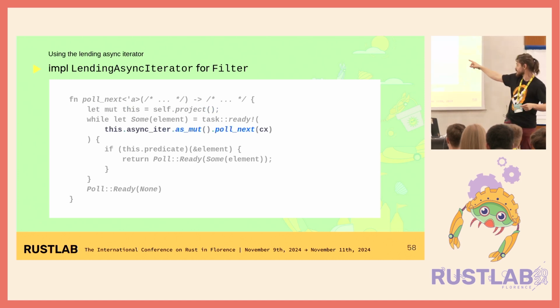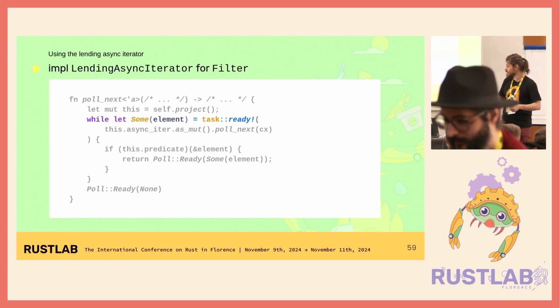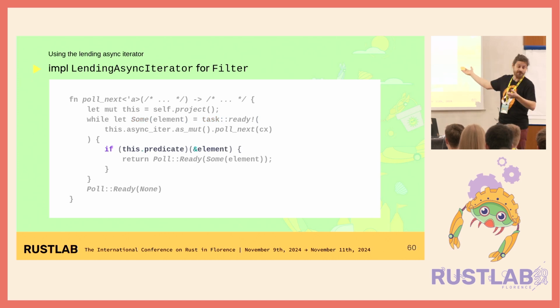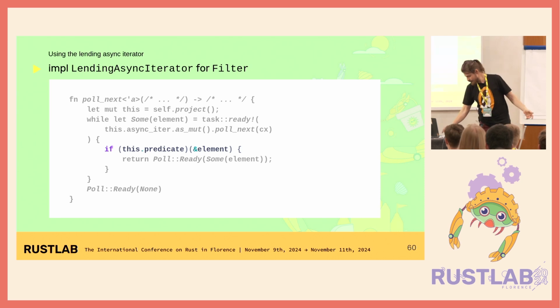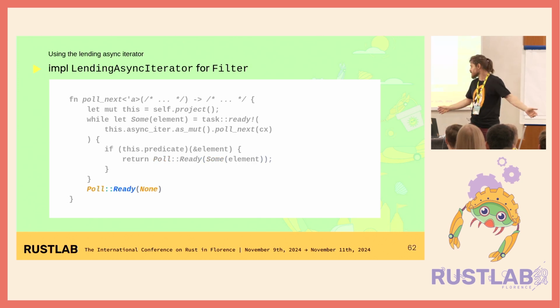We need to use as_mut on the async_iter. We are in a loop. We poll next. We ready! for the next element when it's ready, and then we loop until we have some element. Then we take a reference to the element and try to send it to the predicate. If we are given true, then we return Ready Some element, because it's okay. It's true. We must return the element. When we finish, we return Ready None, because the stream just finished.